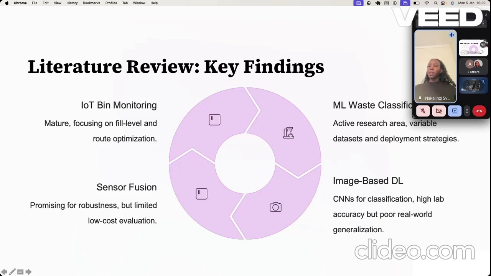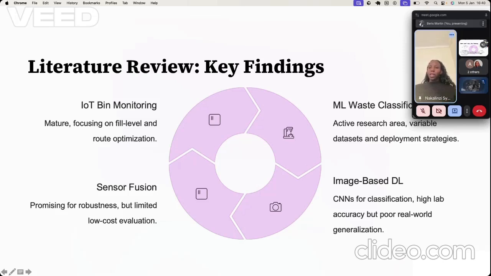Then machine learning waste classification, an active research area for variable datasets and deployment strategies used to classify the waste. And image-based deep learning, where they use CNNs for classification with high lab accuracy, but poor real-world generalization.